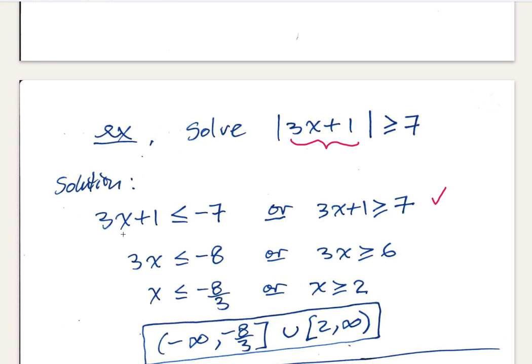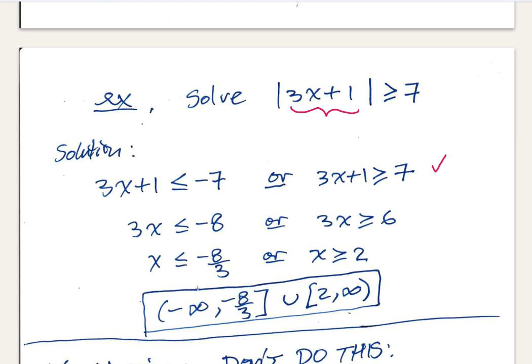All right, in just a minute here, let's solve for x. Subtract 1 on each side of the inequality, and I would have 3x is less than or equal to negative 8. Divide on both sides by 3. 3 is positive, so the direction of the inequality does not change. X is less than or equal to negative 8/3. Over here, I perform similar operations. 3x is greater than or equal to 6, and then x is greater than or equal to 2.